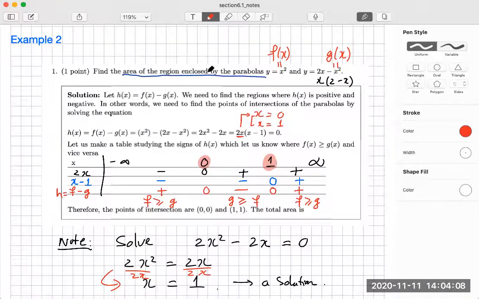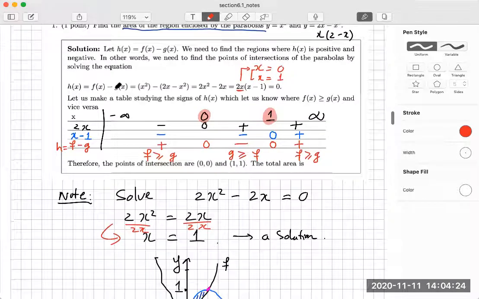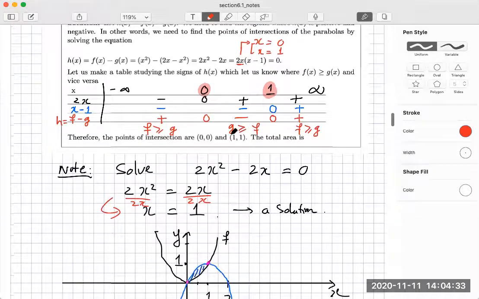So let us summarize. In order to find the area of this, we need to determine the lower limit and upper limit, right? Formed by these two curves, which means we need to find the position where f is equal to g, or the same story, f minus g is equal to 0. Then we determine in each interval whether f is larger than g or g is larger than f.